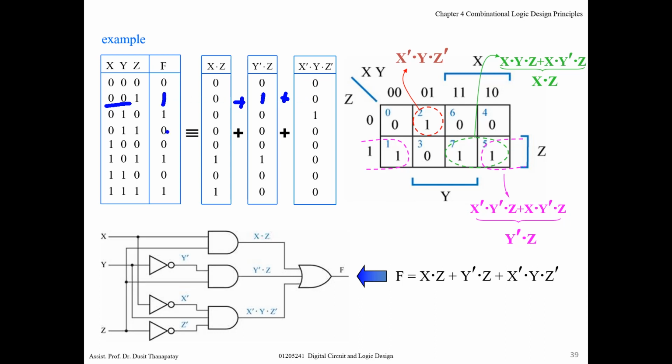And please note for this input, this input in the K-map is this one, right? 101. This one is grouped by this term and this term.